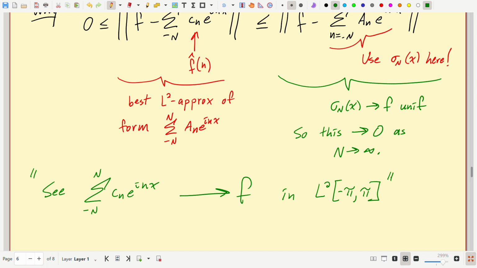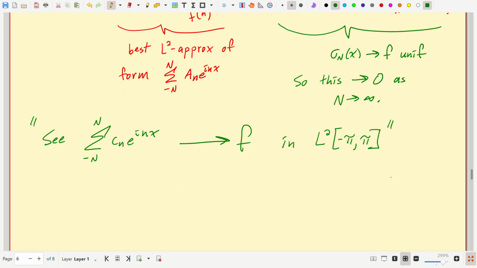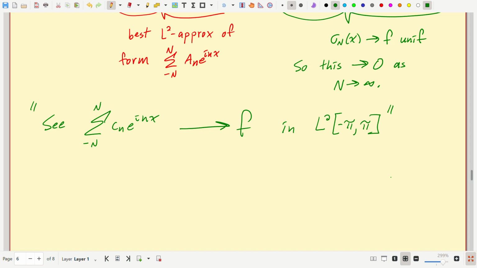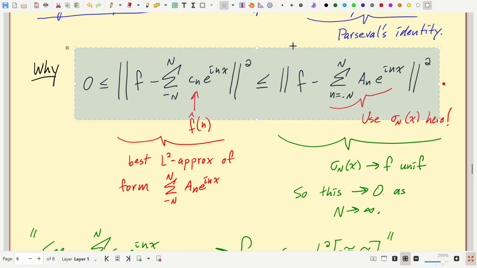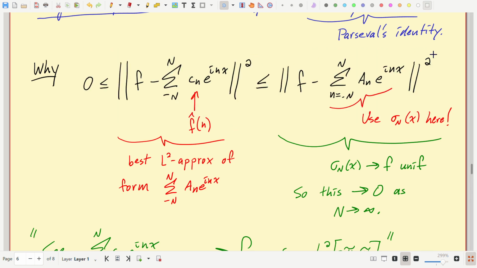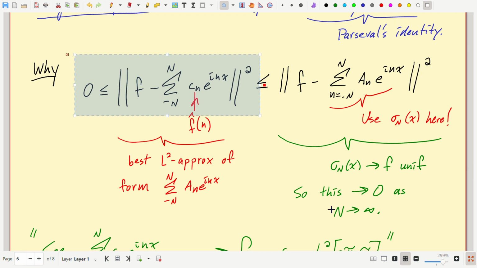Okay. And remember when I did the calculation of that thing right there, let me copy it. No, I don't want to copy it. We're running out of time.